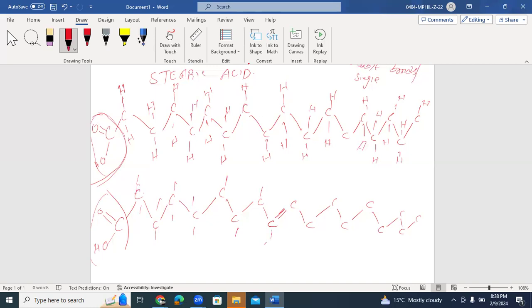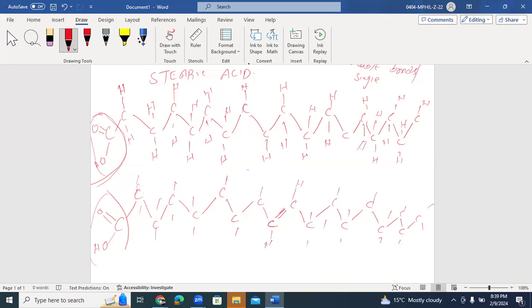One hydrogen is here. How many hydrogens are here? 1, 2, 3, 4. Hydrogen, hydrogen, hydrogen, and so on, completed. So what do you think? Where is the number of hydrogens greater, in the case of stearic acid or oleic acid?